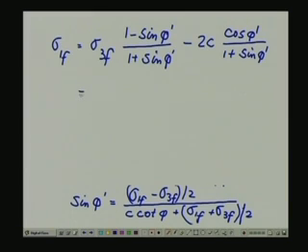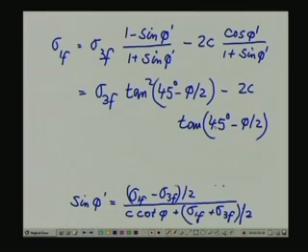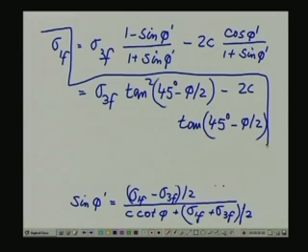That in turn gives us sigma 3f multiplied by tan square (45 degree minus phi by 2), minus 2c tan of (45 degree minus phi by 2), and this is the relationship that we were trying to derive.